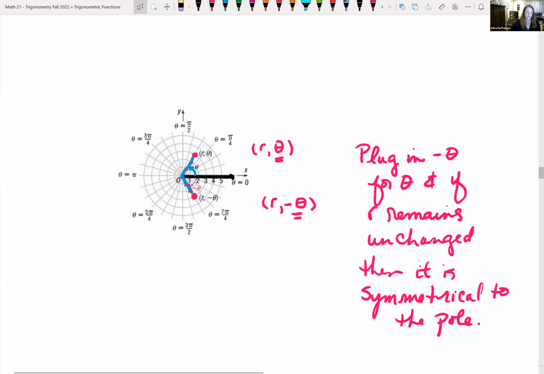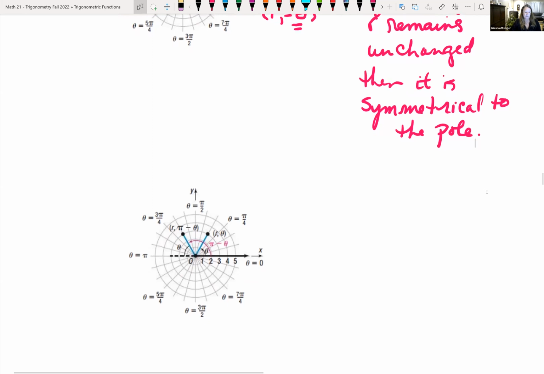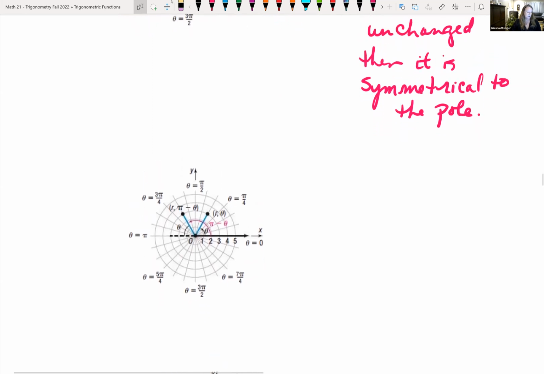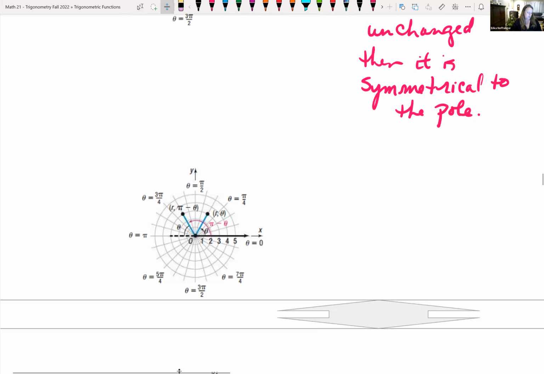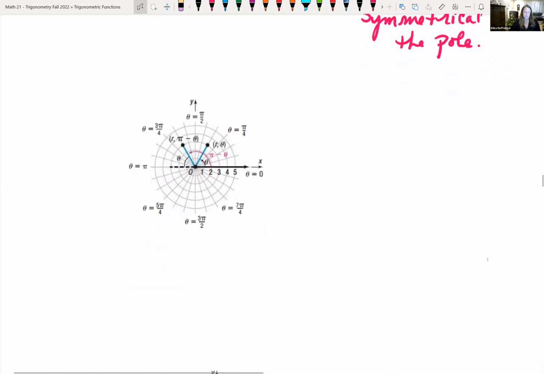Okay, so let's look at another example of symmetry and how we would test for it. Looking at this next graph on our polar coordinate system, notice it looks like it is symmetrical across that line, if we're thinking of the rectangular coordinate system, across the y-axis.